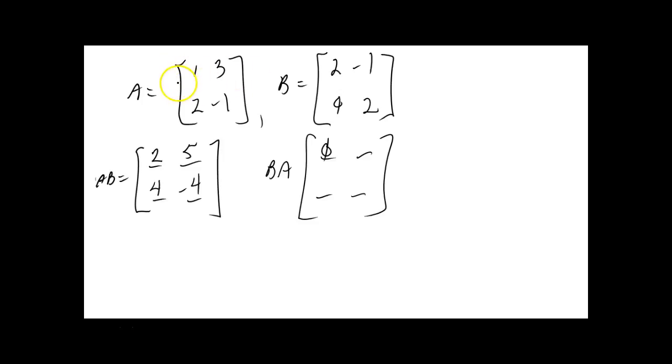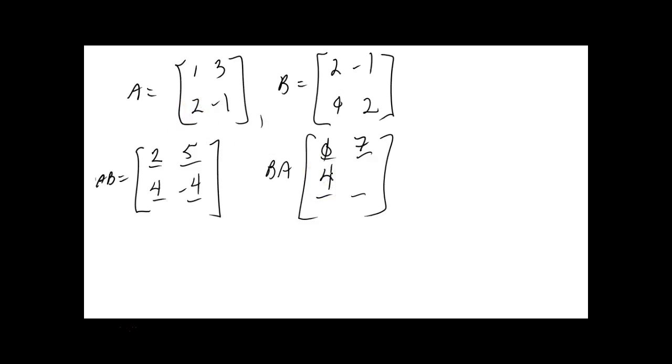Okay, first row, second column, first row of B, second column of A would be 6 plus 1 is 7. Okay, the 2, 1 entry, second row of B, first column of A, 0, 4.